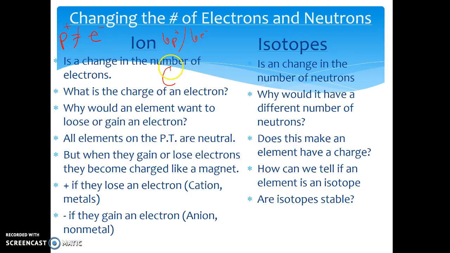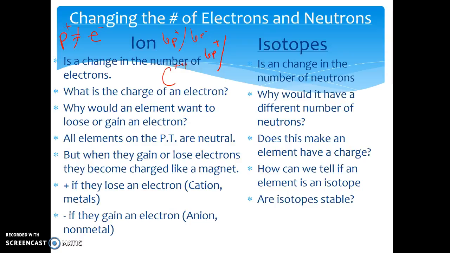Okay, so I have a carbon +4. What that means is that this carbon has lost 4 electrons. And I know that's a little confusing to some people, so I'm going to show you how I work this out. Okay, we know that carbon is supposed to have 6 protons. Okay, that can't change. It's supposed to have 6 electrons, but this says it's got a +4 charge now. In order for this to have a +4 charge, it means that I have to have lost those electrons.